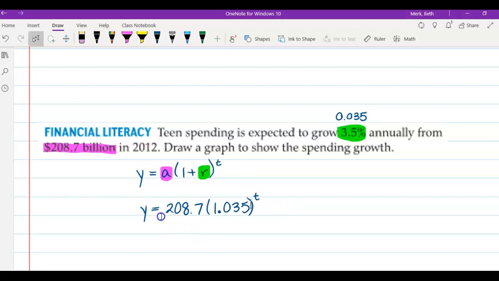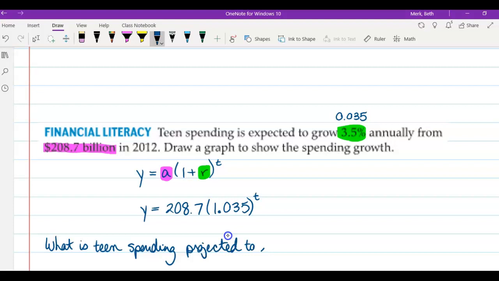And if we wanted to know what the teen spending is expected to be when it's 2020, let's write that out. What is teen spending projected to be in 2020?